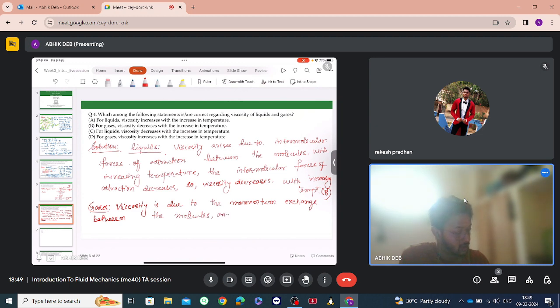As we have already discussed, as the temperature increases, the kinetic energy of these gas molecules will increase because their speeds will increase. So this momentum exchange will also increase with the increasing temperature.